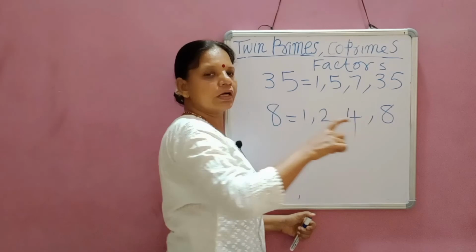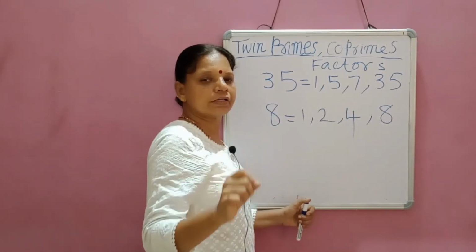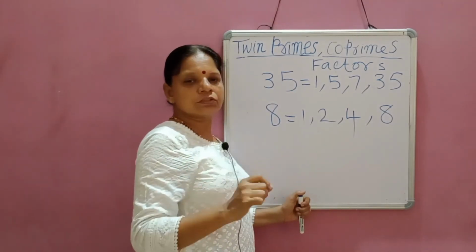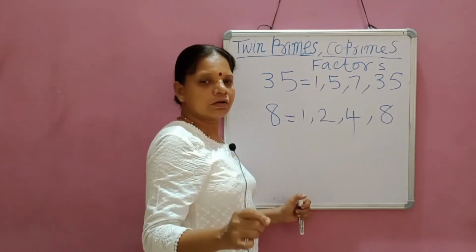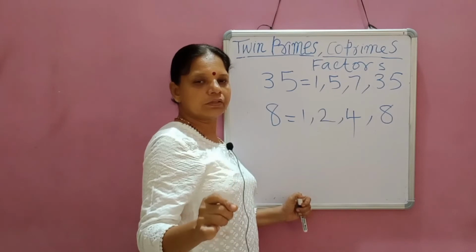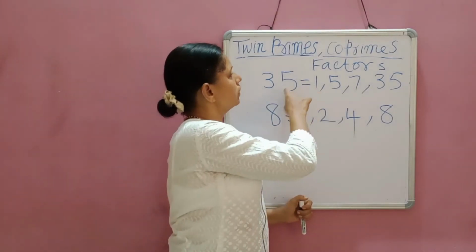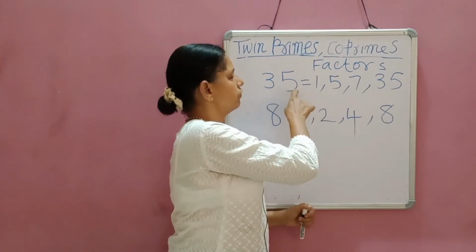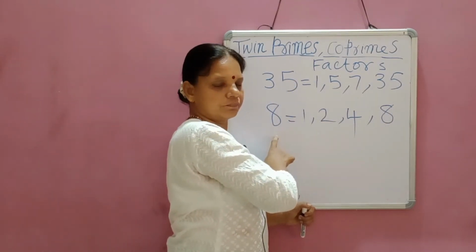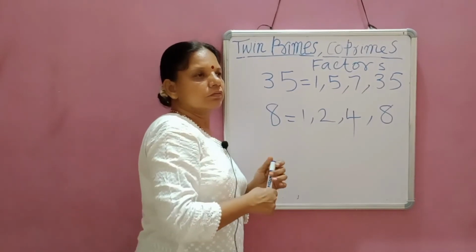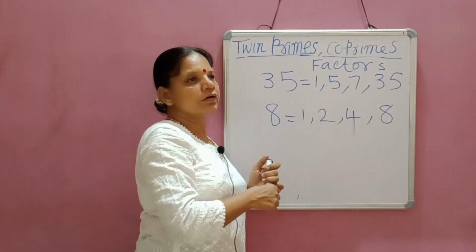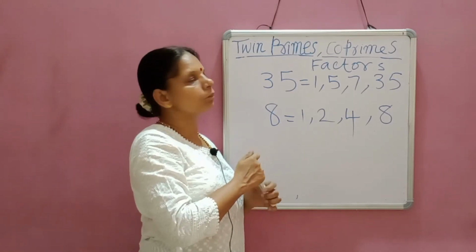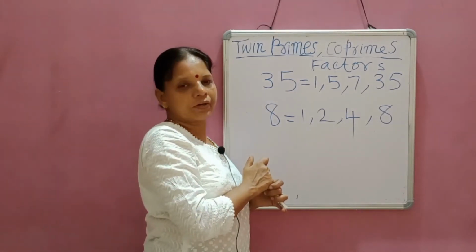They do not have any common factor. So, numbers which do not have any common factors are called coprime numbers. Example, 35 and 8. Now, when you consider all even numbers, they will never come under the group of coprimes.